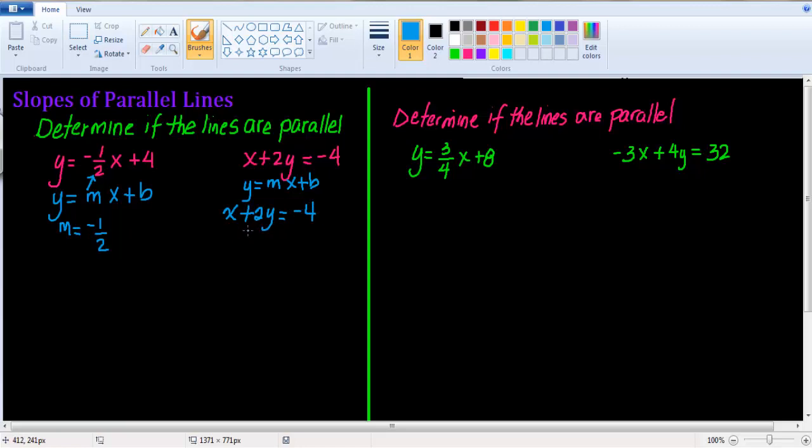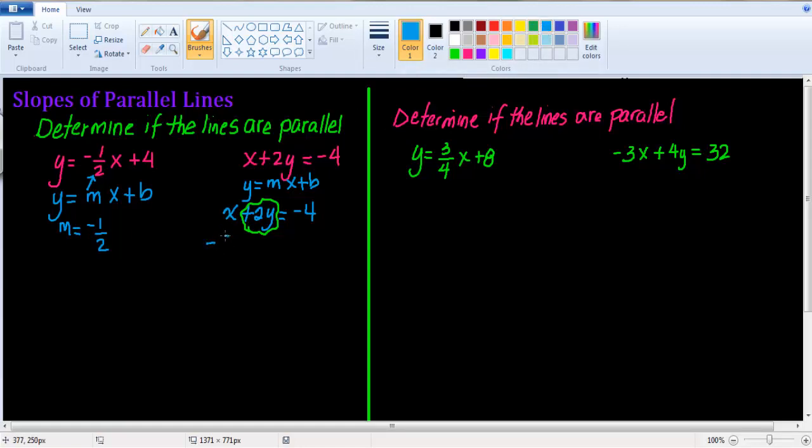And then I'm going to solve for y. Here is 2y. So that means I want to isolate this term. x is next to it, being added to 2y. So let's get rid of x. To get rid of x, here's what you do.